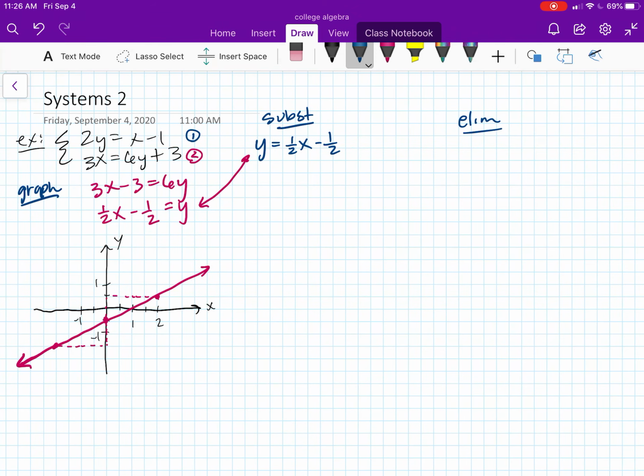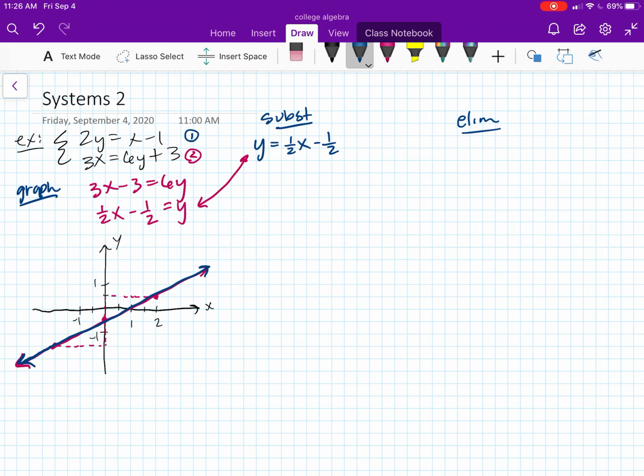So there's our graph. But because equation 1 and 2 are the same, same exact graph, every point of intersection is a solution. So this system of equations actually has infinitely many solutions. Every single point on this line here is a solution.